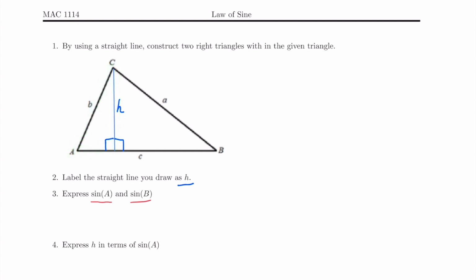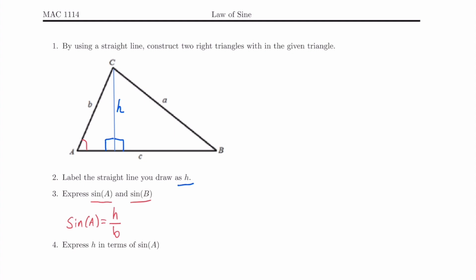Sine of A, which is this angle, is H over B. We can think of H as the vertical length and B as the hypotenuse, or we can also think of it as right triangle trigonometry, where sine is opposite over hypotenuse. So we have H over B. Okay, let's keep that.